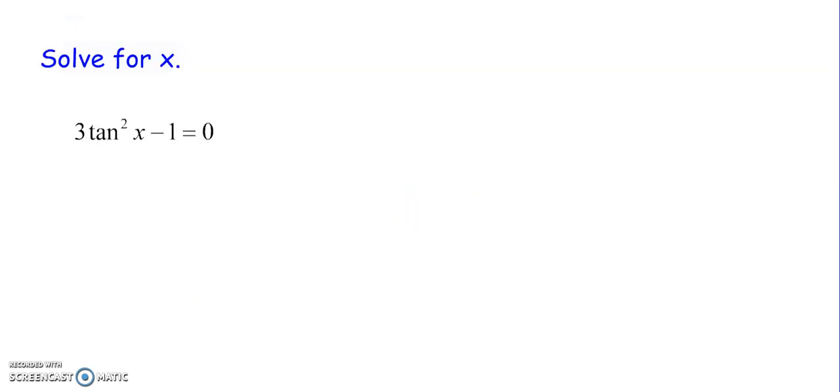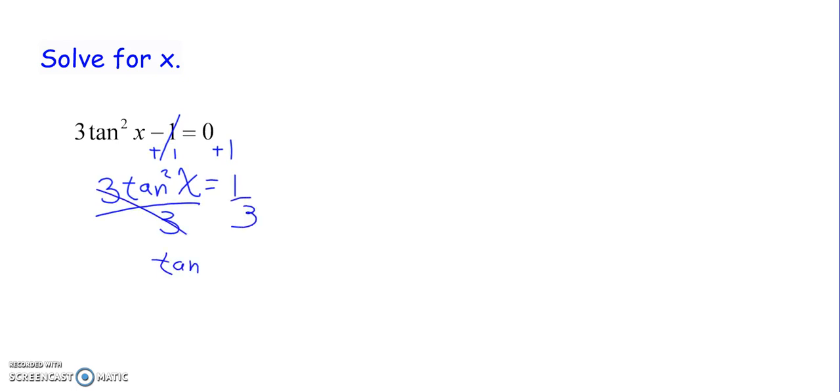All right, so here, going back to one very similar to the first problem, solve for x, meaning get x values by itself. So again, the algebra involved I don't think is the hard part. Tangent squared x equals 1/3.